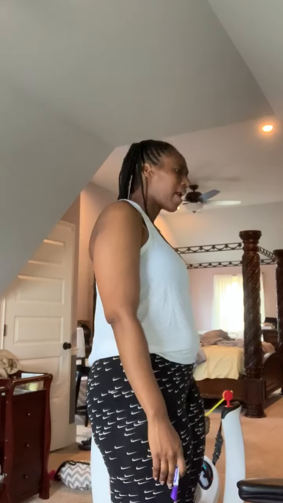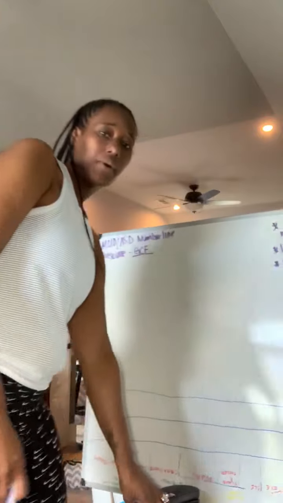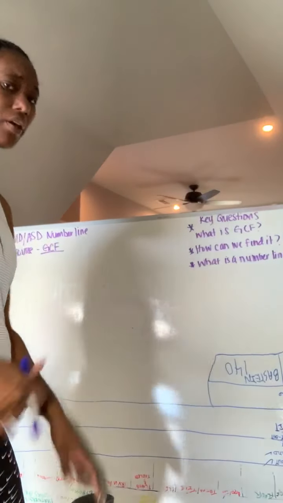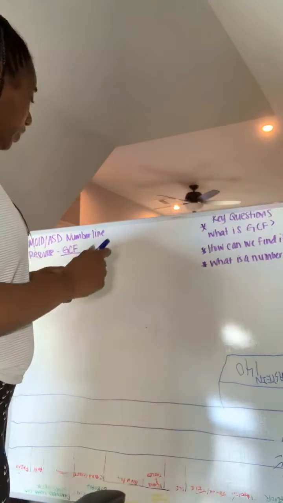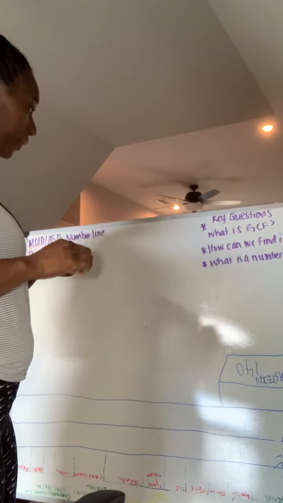So for my ASD students, the number line. What exactly is a number line? We hear so much about it when we talk about math, and it's relatively pretty simple. But what exactly is a number line? So we're going to come up here to the board, and we're going to think about a number line.